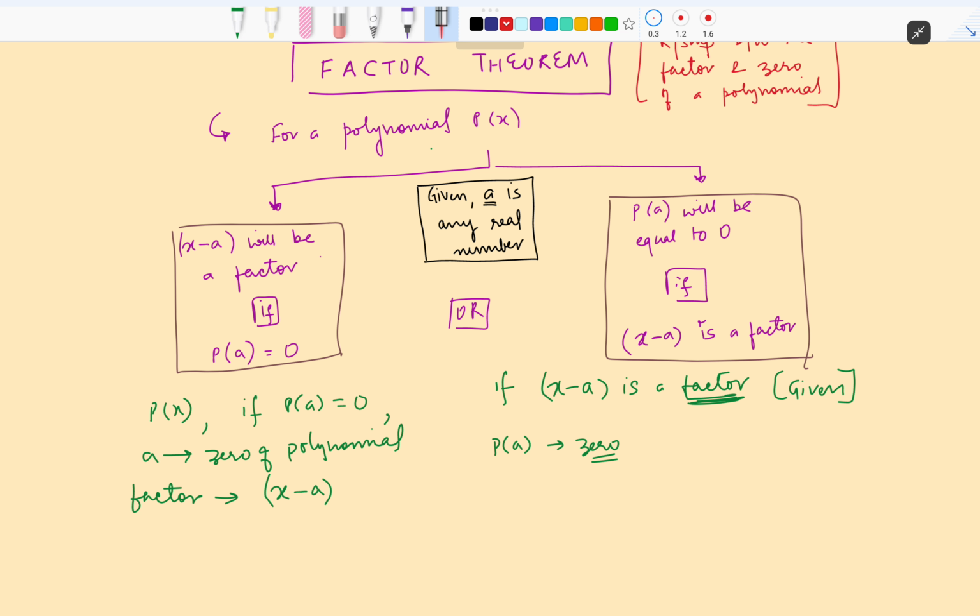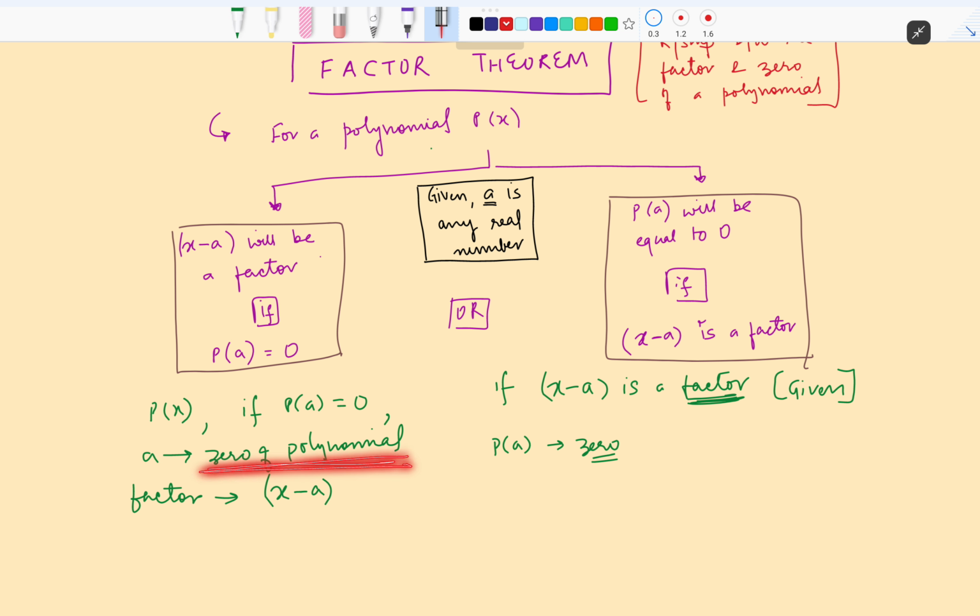Look, what does it say? For a polynomial p of x, if p of a is equal to 0, that means a is the zero of this polynomial, right?